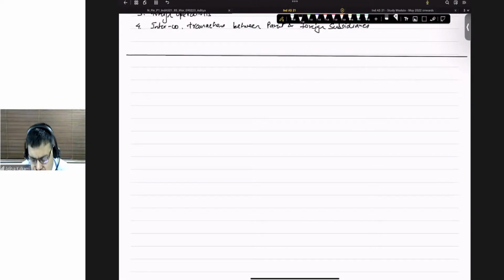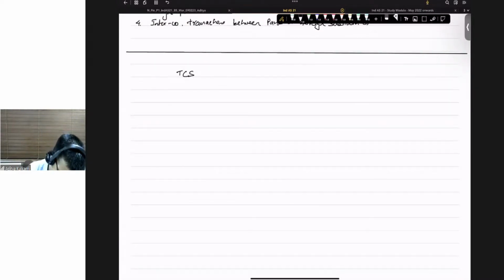So the first one is, let us assume you are an entity, TCS. We start with easy ones first, and then we move on to a slightly complex example. TCS is registered in India.